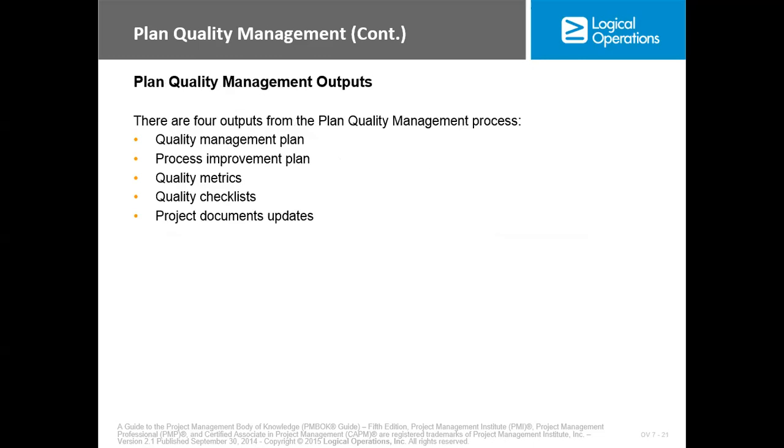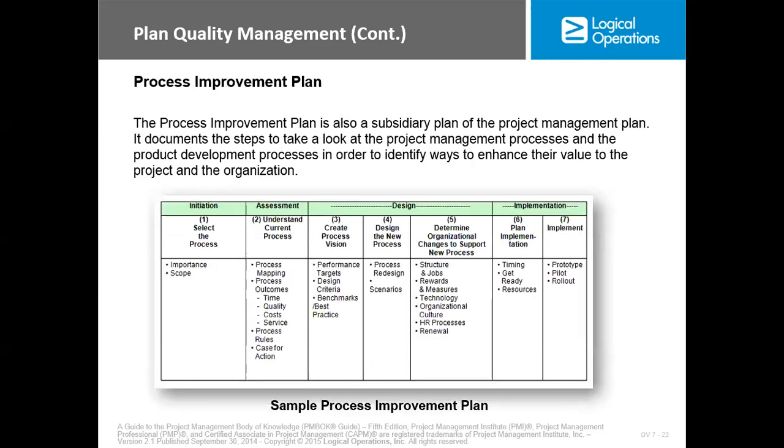Now, output, we have quality management plan, process improvement plan, quality metrics, quality checklist, project document updates. Process improvement plan is a subsidiary plan of the project management plan.